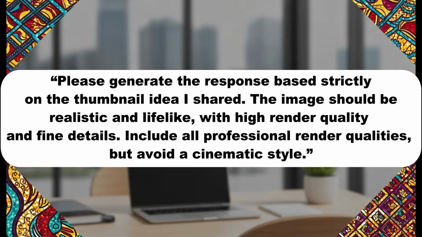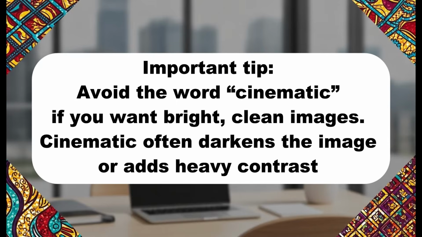The image should be realistic and lifelike with high render quality and fine details. Include all professional render qualities, but avoid a cinematic style. Important tip: avoid the word cinematic if you want bright, clean images. Cinematic often darkens the image or adds heavy contrast, which may not work for thumbnails.